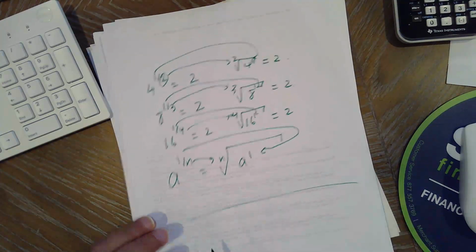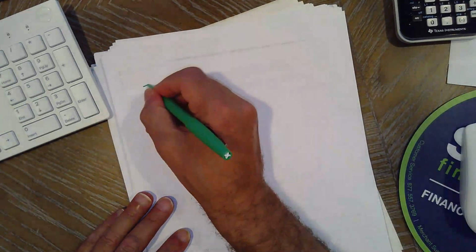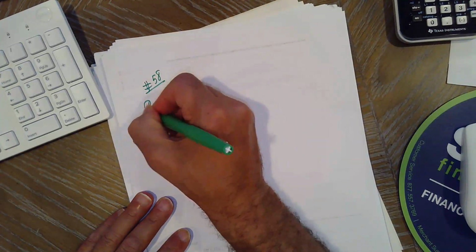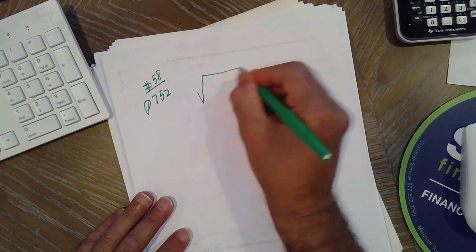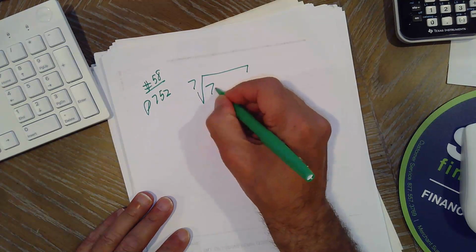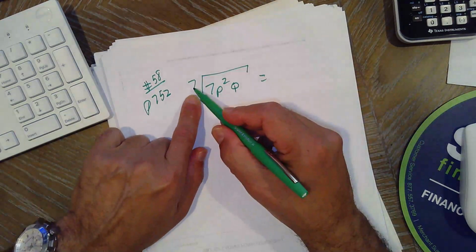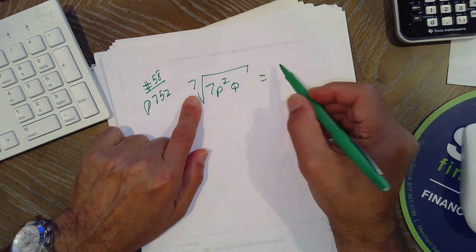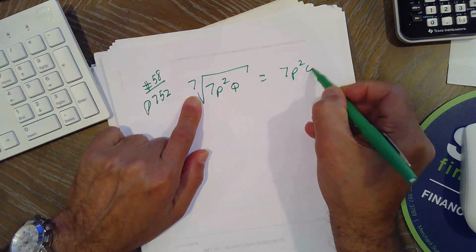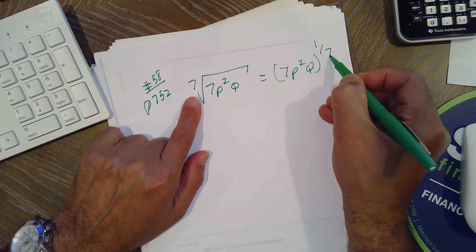So if you look at 58, page 752, it gives you 7th root of 7p squared q, and it tells us to write it using a rational exponent. Remember, 7th root is 1 over 7, so 7p squared q to the 1 over 7.